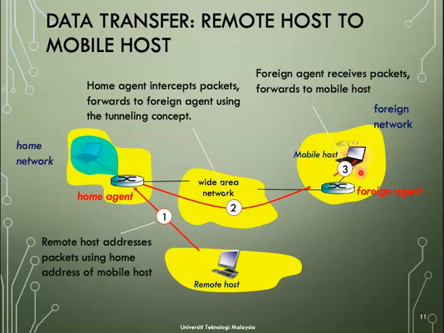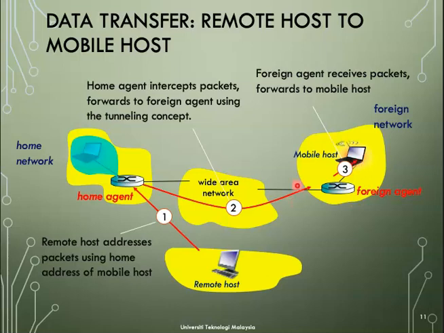However, first it will perform the decapsulation process, and when it sees that the destination address is the home address of the mobile host, the foreign agent will consult its registry table to find the care-of address of the mobile host, because the foreign agent has to keep a table which maps the original home address of this mobile host to the care-of address.